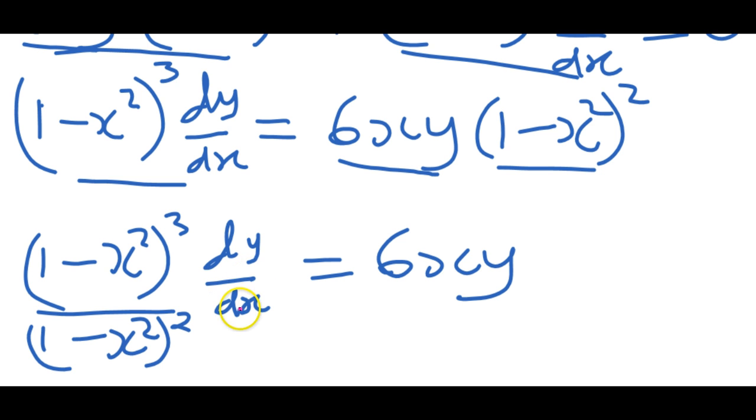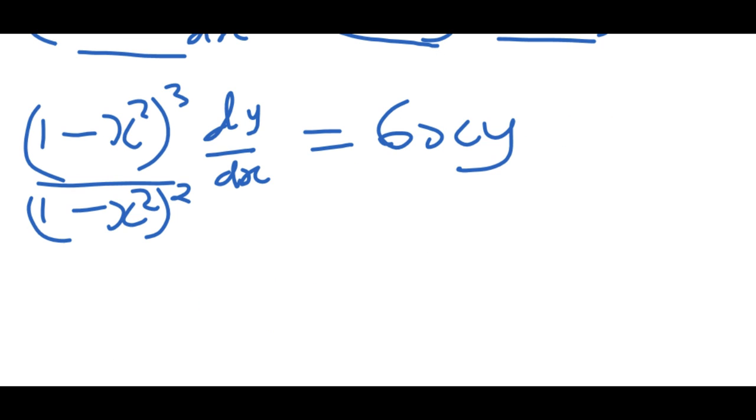And you see that at the left hand side, this is having power 2, this is having power 3, and the bases are the same, 1 minus x squared. So more or less, 2 of these will cancel 2 of these, leaving out with 1. So it's like having a power 3 divided by a power 2. I mean, 2 of this will cancel 2 of this, leaving out with only one.